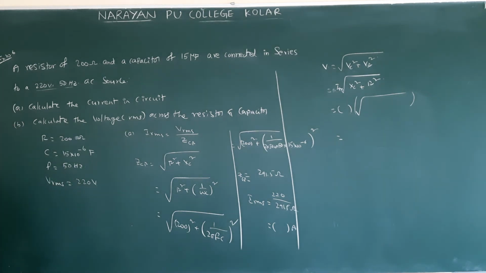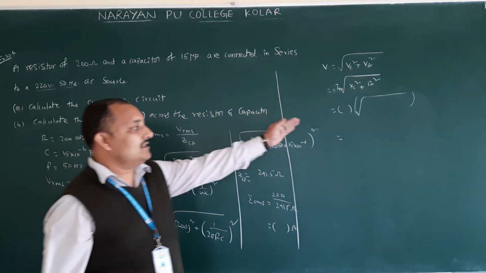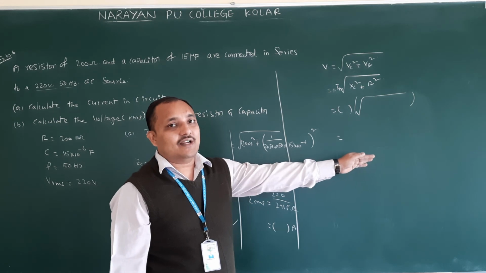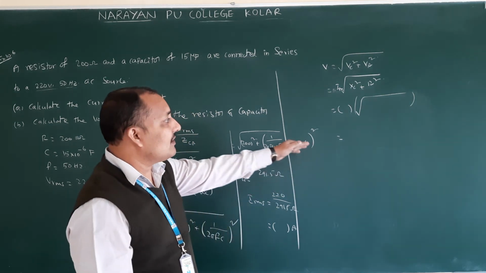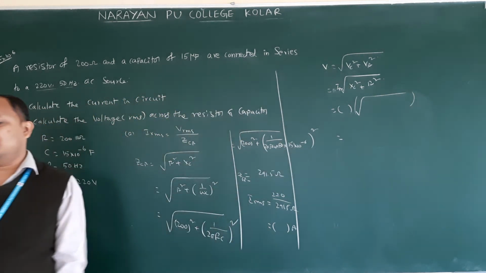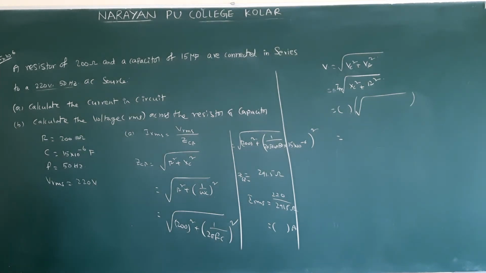Okay. Next they ask, is the algebraic sum of voltages more than the applied voltage? The effective voltage you got will be 220 volts. If you get 220 volts, then the applied voltage and the resultant voltage are both going to be the same. Both are in the same phase. Try it and you will get the same.